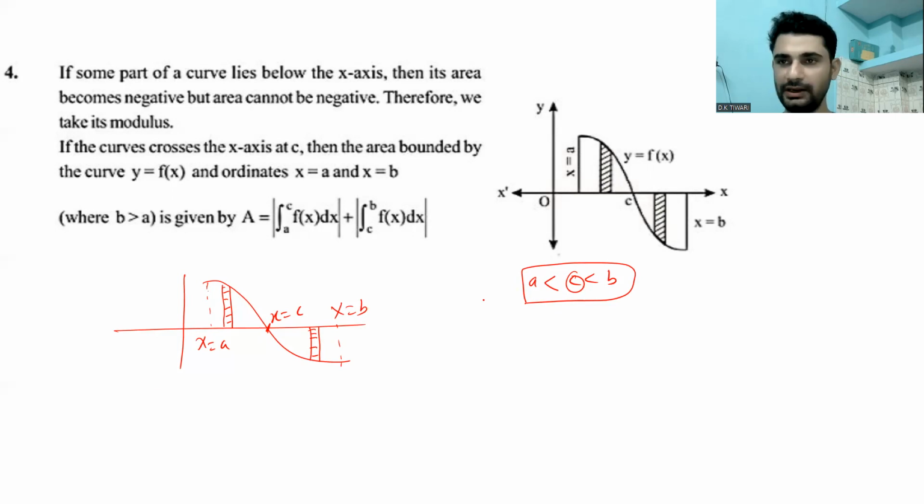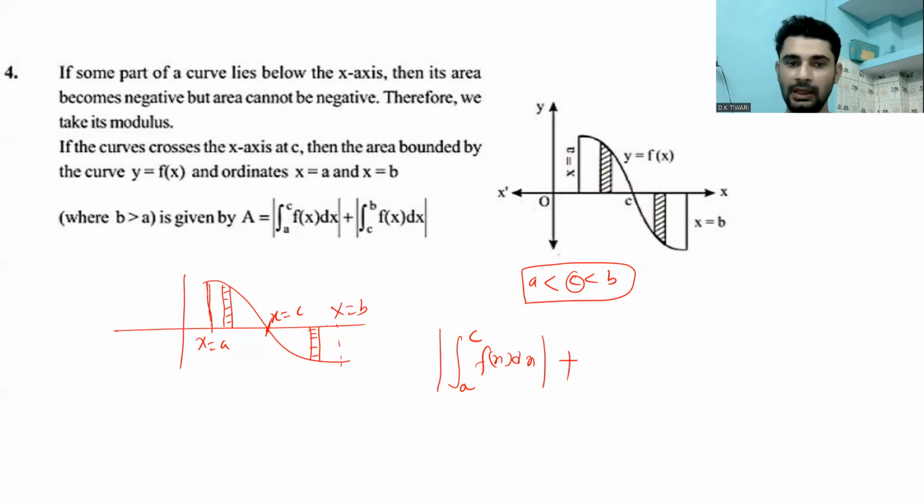We can easily calculate. We know the property of integration. We can break down the limits on its interval. So we break the limit from x equal to a to c. Firstly, we calculate the area from x equal to a to x equal to c, and we use function f(x) dx, and take the mod of this value.